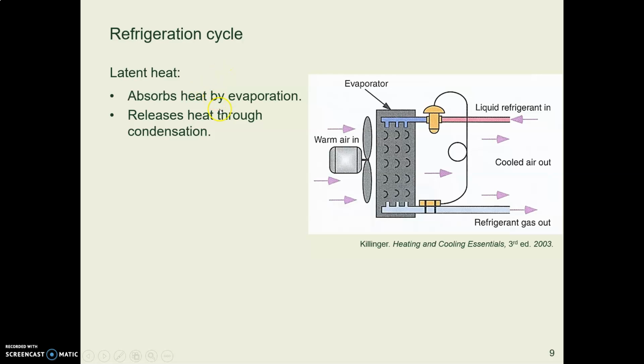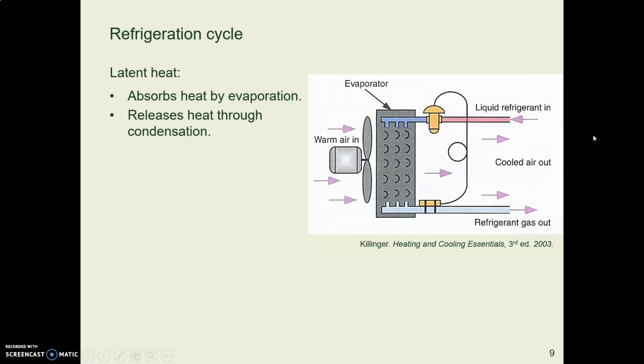So this is a kind of potential heat called latent heat. Latent heat is the heat energy involved when something changes state. In a refrigeration system, when liquid evaporates and turns to gas, it absorbs heat out of wherever. When gas condenses and changes back to a liquid, it gives off heat.